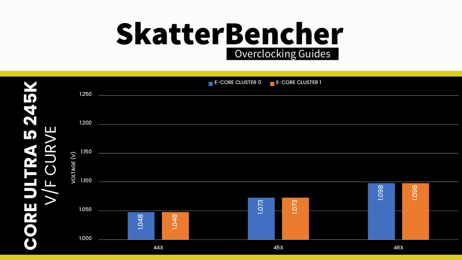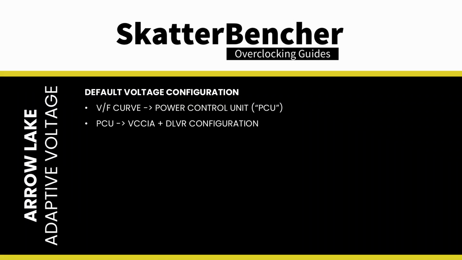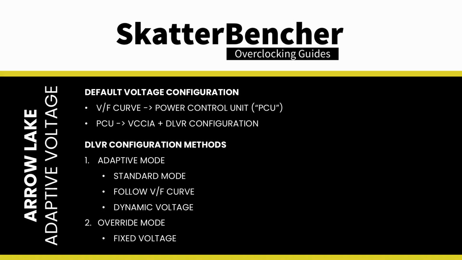Based on the VF curve, the CPU cores request an operating voltage using the ISFIT protocol from the CPU Power Control Unit, or PCU. The PCU in turn configures the VCC-IA voltage rail and the individual DLVRs. There are two ways to configure the DLVR voltage: adaptive mode and override mode.